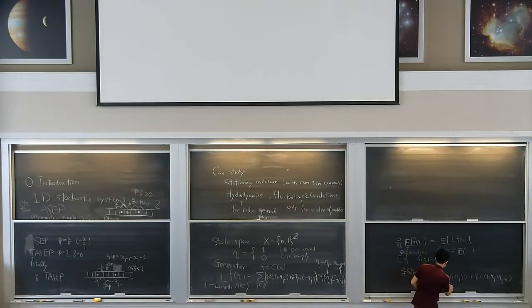Then, when there is a particle at j and when there is no particle at j-1, this contributes with rate p. Sorry, the other way, right? No, so this is the opposite. So this is plus, and q, this is the rate.